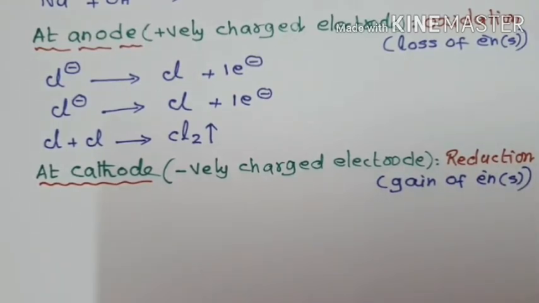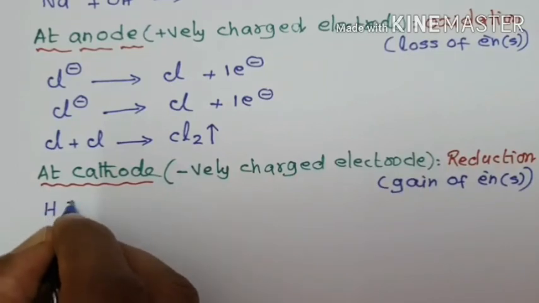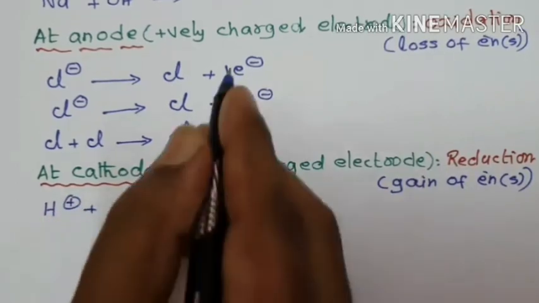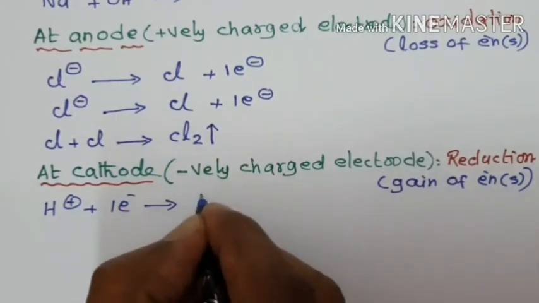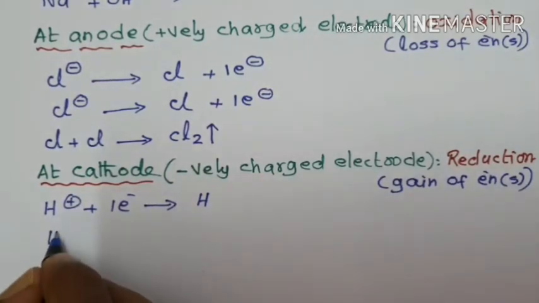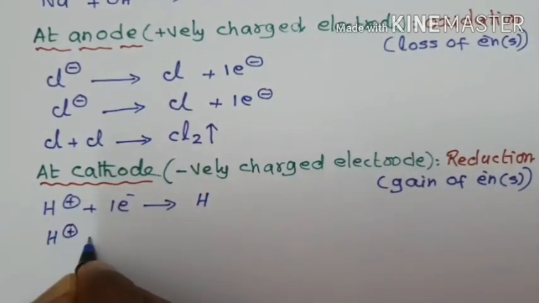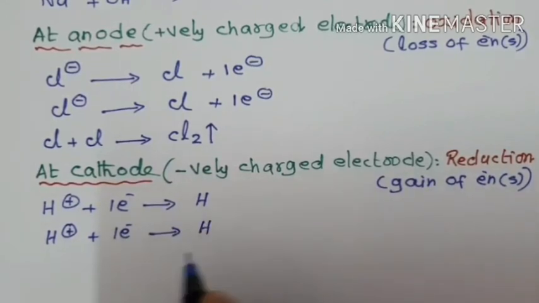So which ion is used to gain electrons? The H+ ion from the electrolyte gains an electron and becomes a hydrogen atom. Like that, more and more H+ ions gain electrons and become hydrogen atoms.